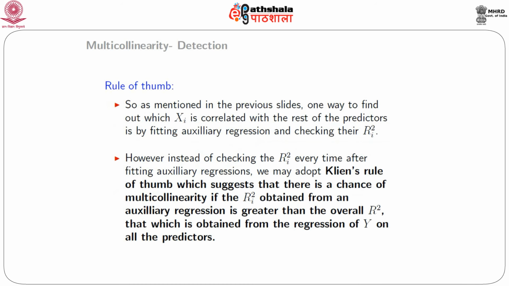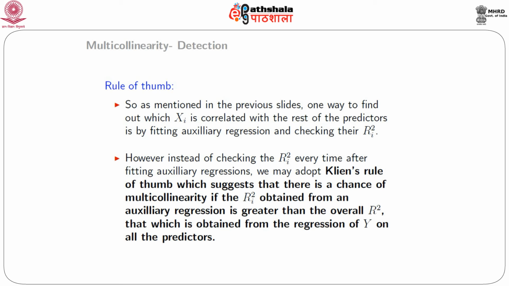So the rule of thumb that we use for this method of detection, as mentioned in the previous slides: one way to find out which xi is correlated with the rest of the predictors is by fitting an auxiliary regression and checking their Fi's or F statistics and the coefficient of determination Ri square.